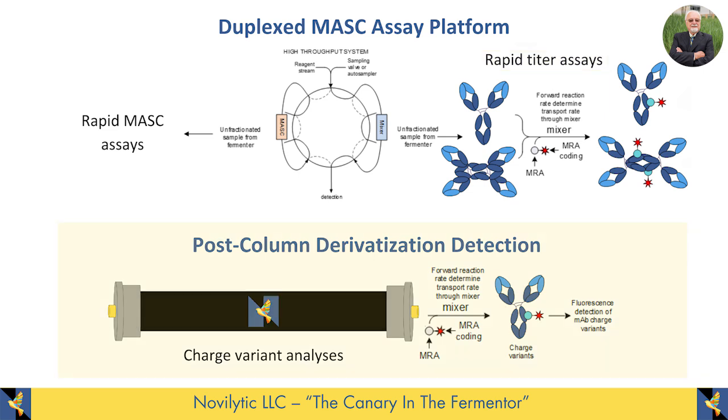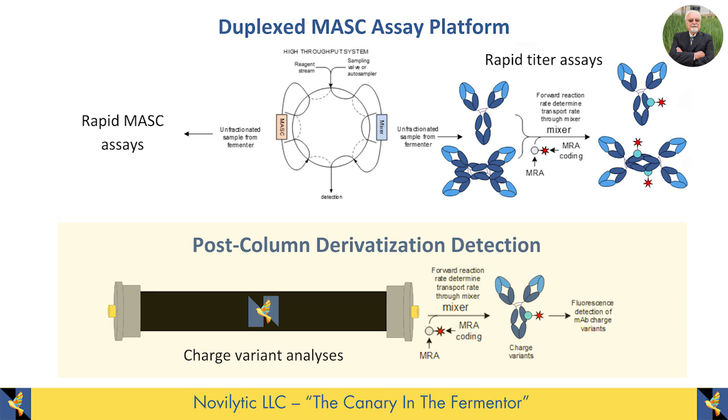Still another way that you can use the system is, instead of making the derivatives and doing all the fluorescence inside the column, you can turn it around and do it another way. You can run things through the chromatography column, and because you get amplification, you mix the fluorophore in at the back of the column, do the molecular recognition at the back of the column, and see the increase in fluorescence, but you're still doing a separation here and only looking at the peaks that are coming out of the column.